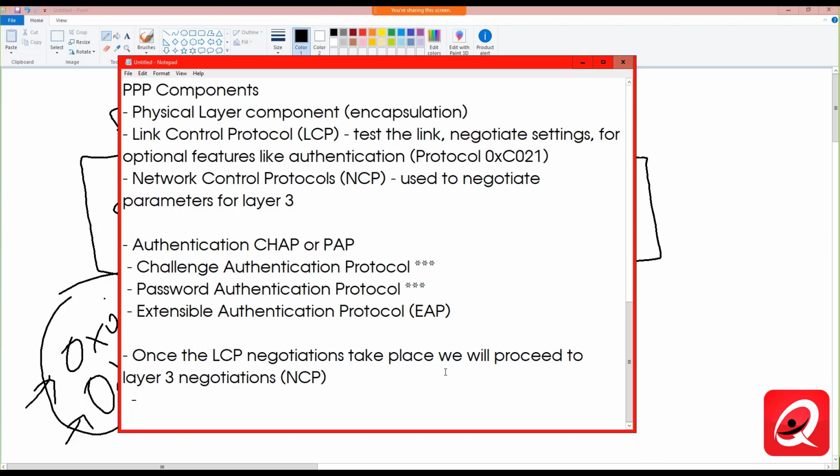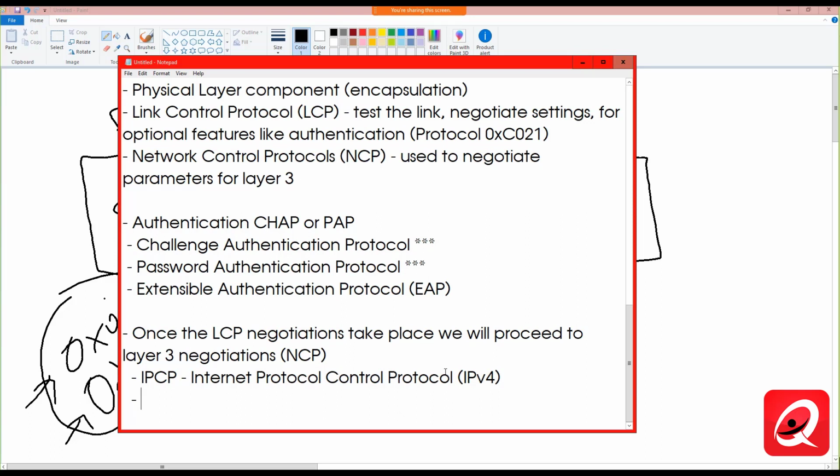So you might see something like IPCP. We'll see that in a little bit. That stands for the Internet Protocol Control Protocol. Kind of a weird name. That's typically for something like IPv4. Or you might see IPXCP.